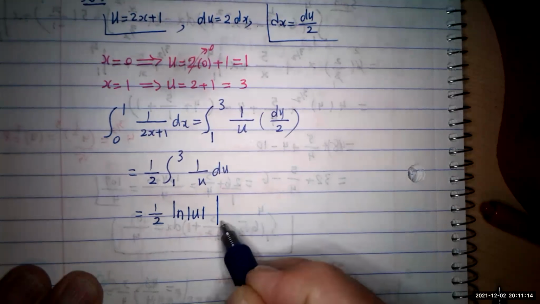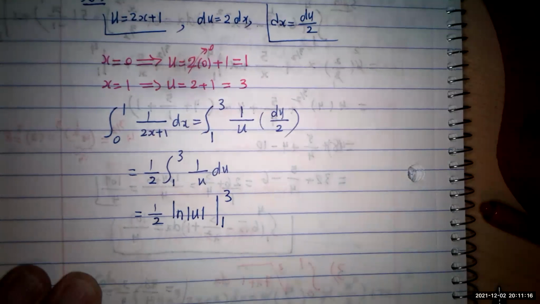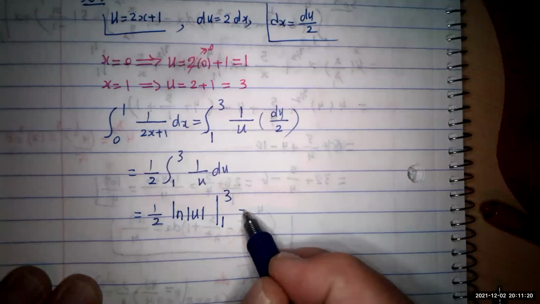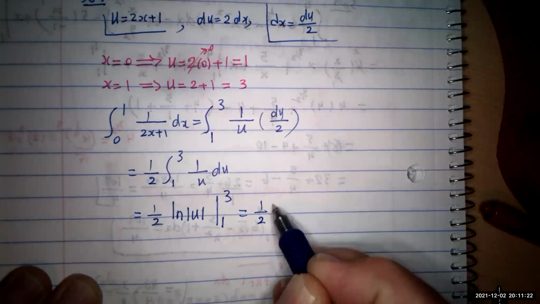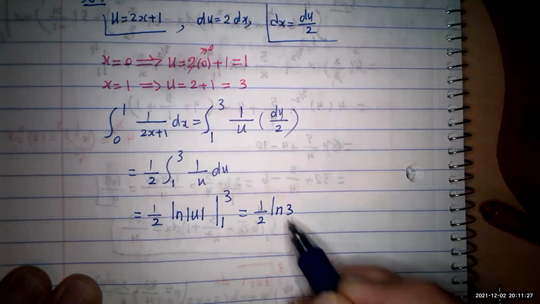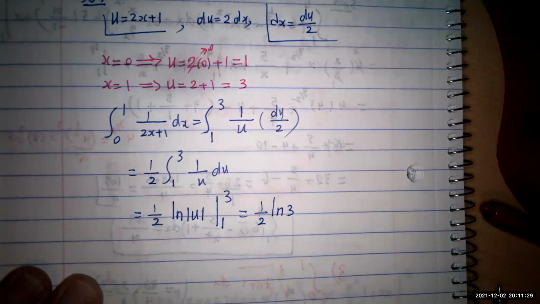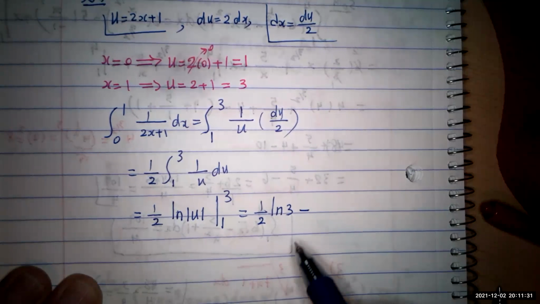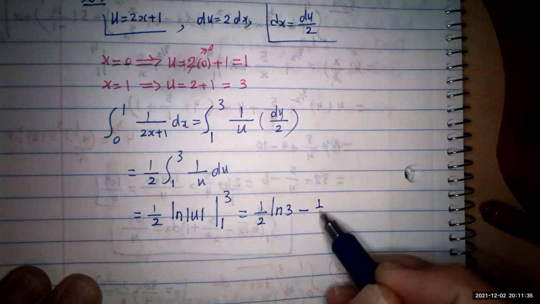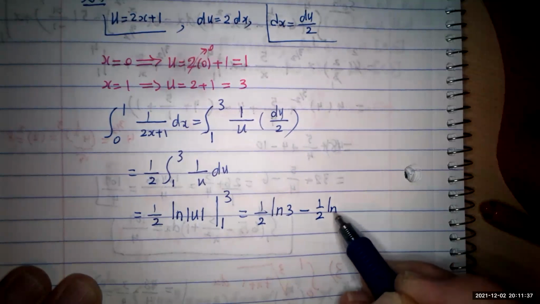But you have to find it from 1 to 3. 1 to 3 means you replace u by 3. 3 is a positive number, so you don't need any absolute value. 1/2 of the ln 3 minus, you replace the u by 1. 1/2 of the ln of 1.